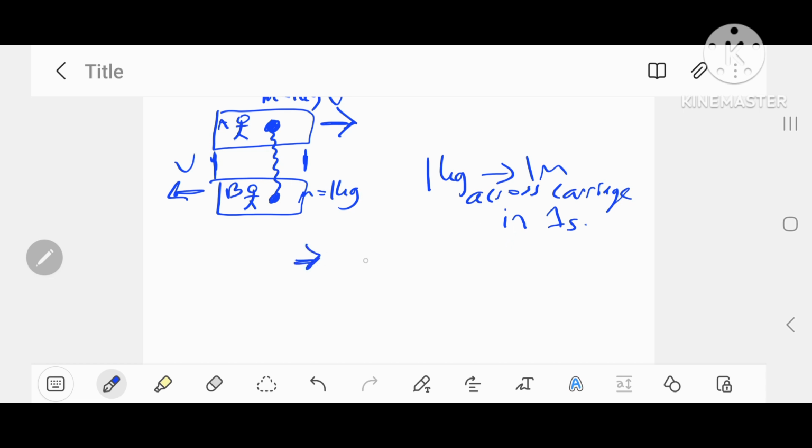And so both observers would find that the momentum of each of their masses is 1 kilogram meter per second. That comes from the mass of the object, 1, times the velocity, 1 meter per second.